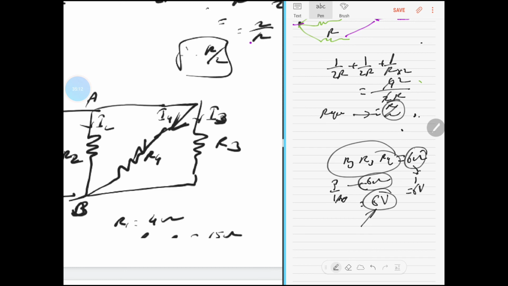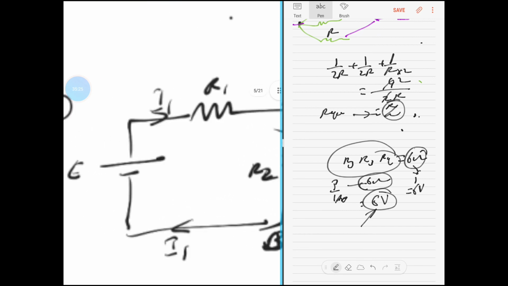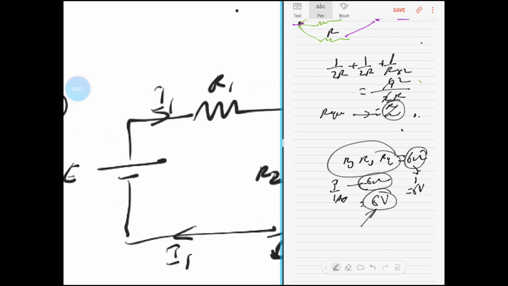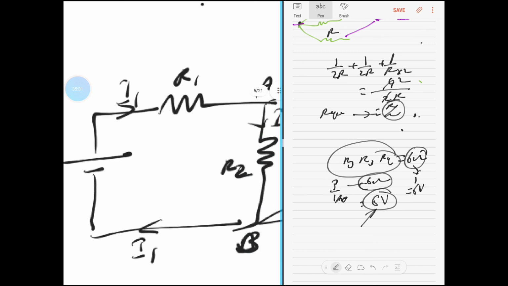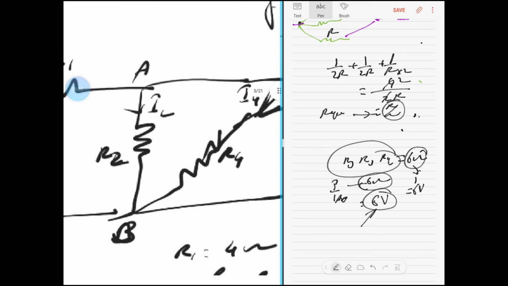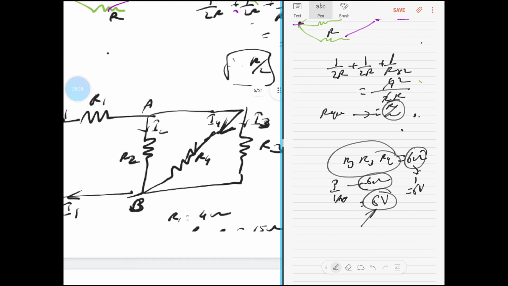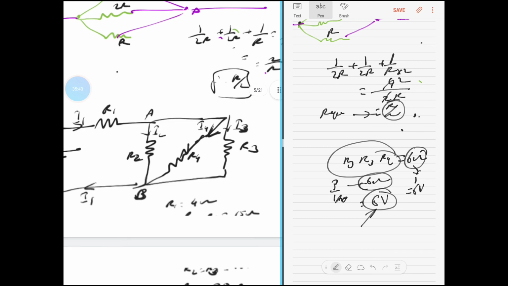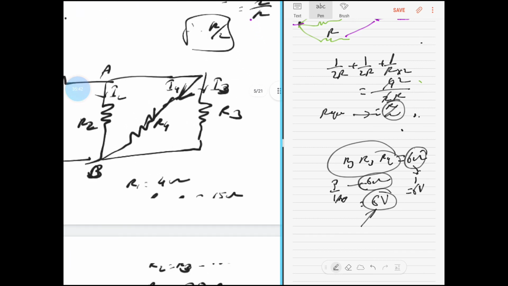So 6 volts is individually across AB, across this diagonal, that is R4 and R3, it's all 6 volts. So then even across this wing, the net potential has to be 6 volts. And so then you can find the individual currents.